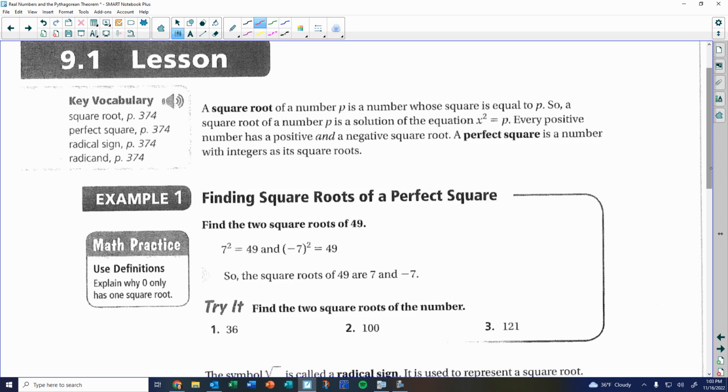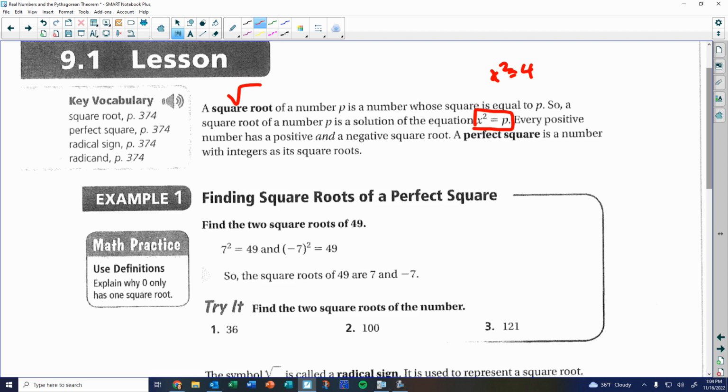So we all know the symbol for a square root. Right? It's like a little house there. Okay? So this first sentence says, a square root of a number p is a solution of the equation x squared equals p. This is kind of what you just did down below there, right? You got x squared equals 4, and we found out to be 2 and -2, right?